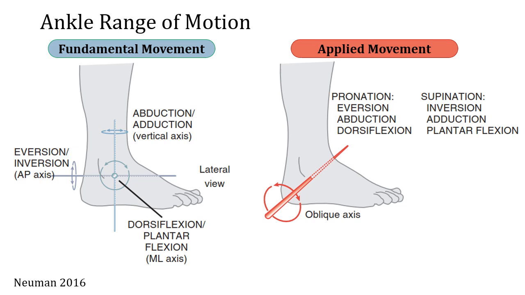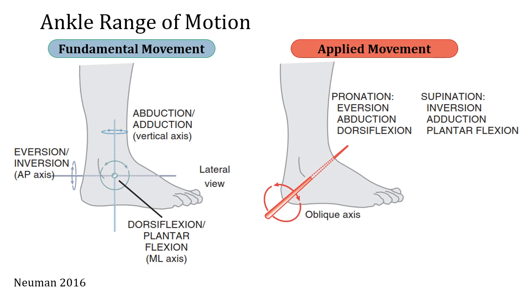And just so we are using these terms synonymously, I present this here. I recognize that this is review for many of you in the audience today. And then we have our applied movements, which is the pronation and the supination, which occurs across the oblique axis of the foot. Pronation and supination are a combination of three of the different movements that occur under the fundamental movements and in the primary axes.